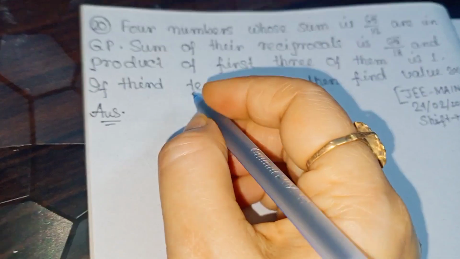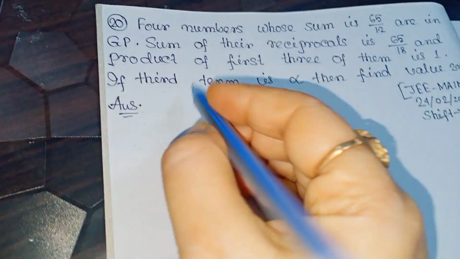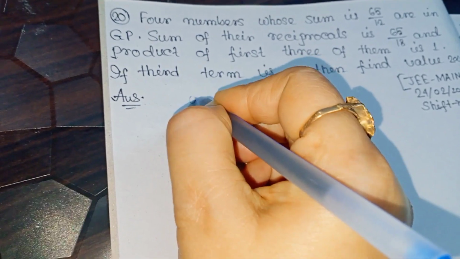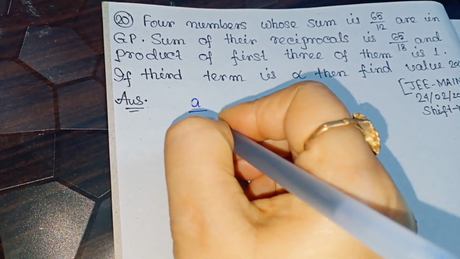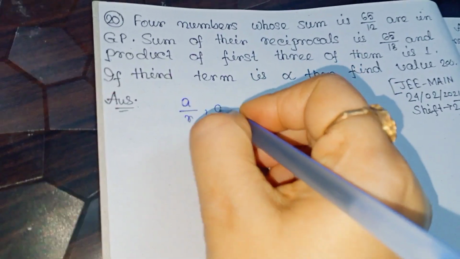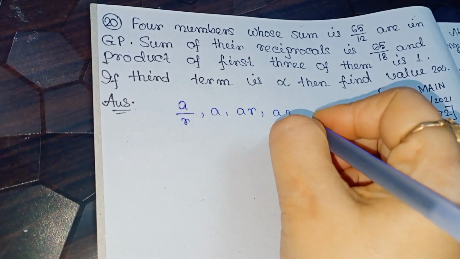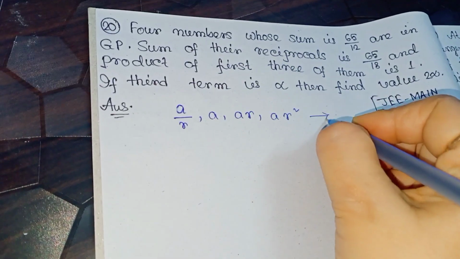So, in these cases, let us suppose the GP is A by R, comma R, comma AR, comma AR square. This is our GP.